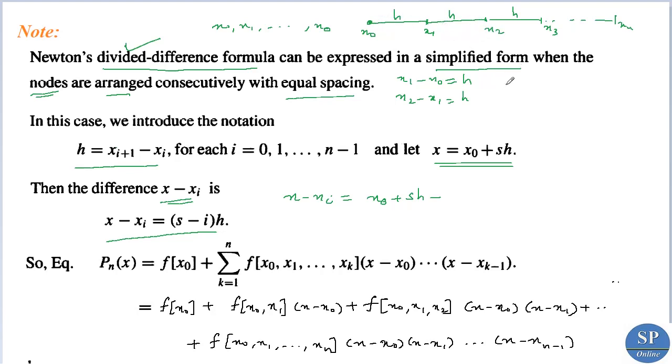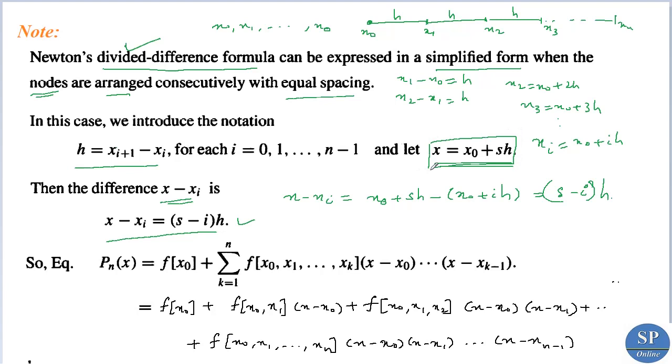From this we get x2 equal to x0 plus 2h, x3 equal to x0 plus 3h, etc. So xi is equal to x0 plus i into h. So x0 gets cancelled, and the remaining part is (s minus i) into h. So x minus xi is equal to (s minus i) into h, if we are assuming x equal to x0 plus s into h.